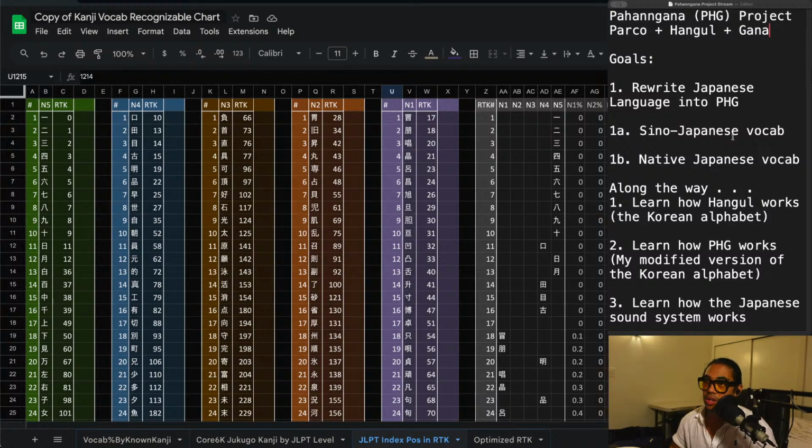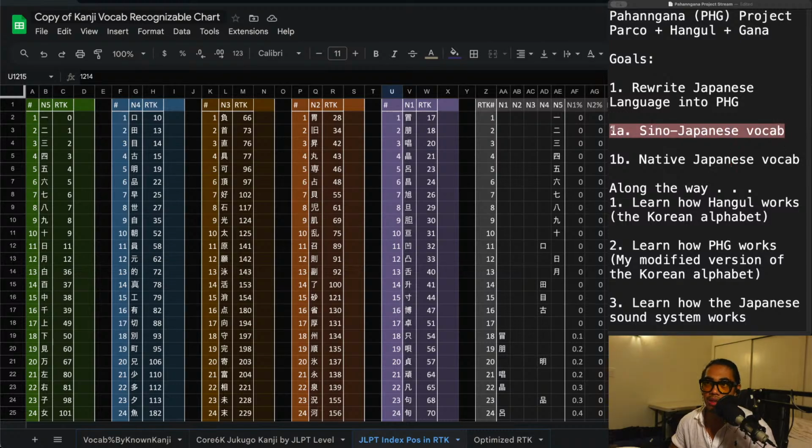That is a mouthful, so I think it's easier just to see what I'm doing. We're going to rewrite the Japanese language into this script, this modified Korean alphabet. We're going to start with Sino-Japanese vocabulary, the Chinese words that have found their way into the Japanese language much later.